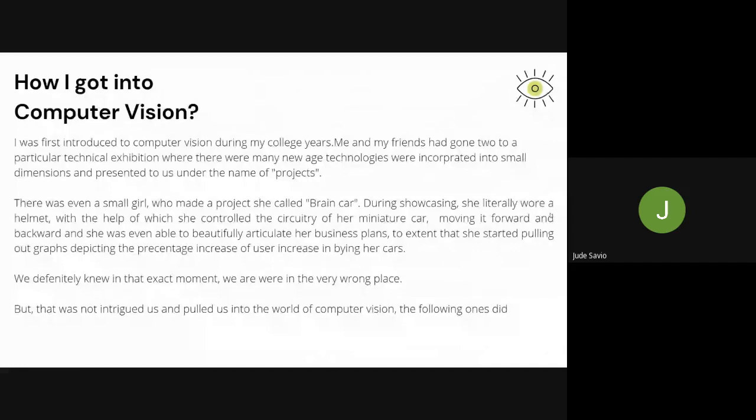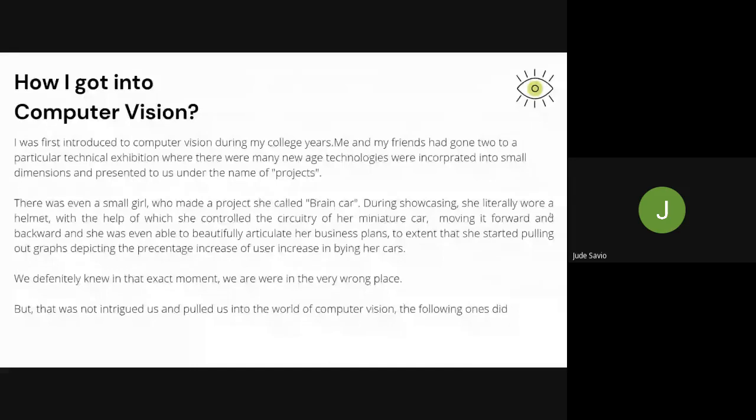So the first thing we saw in that exhibition was pretty insane. We knew that we were definitely in the wrong place there, because we weren't as rooted in the field as we are now.